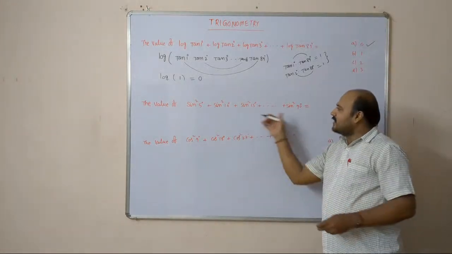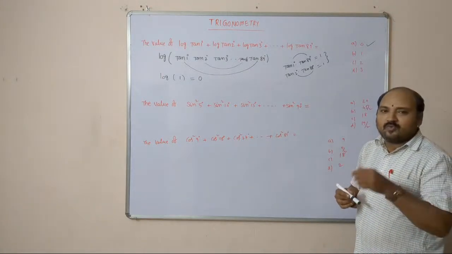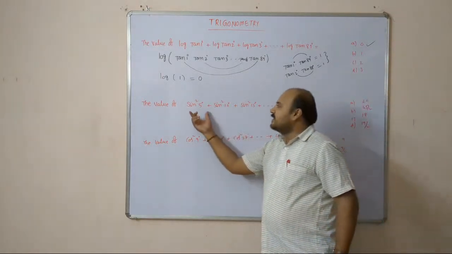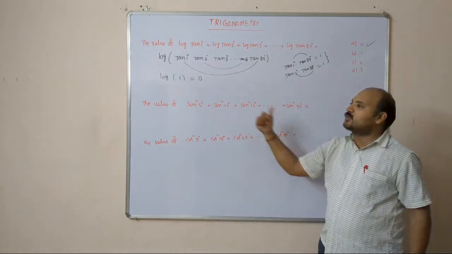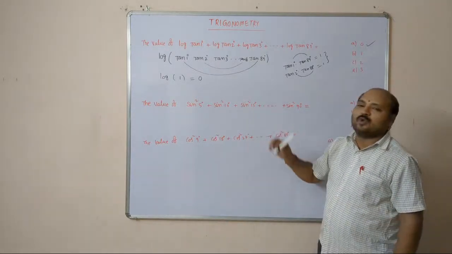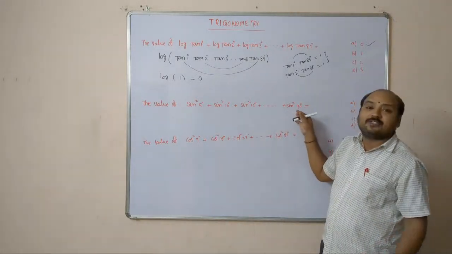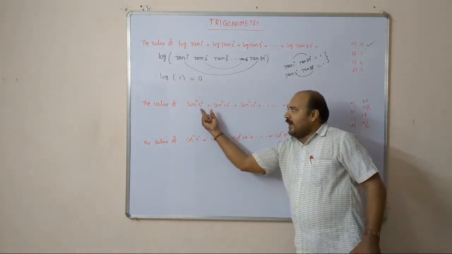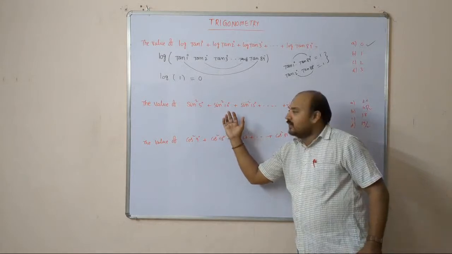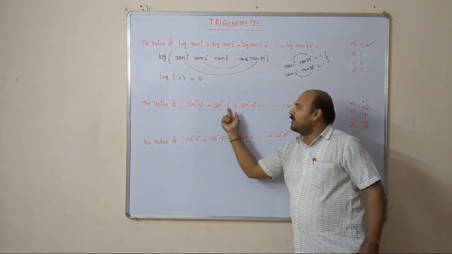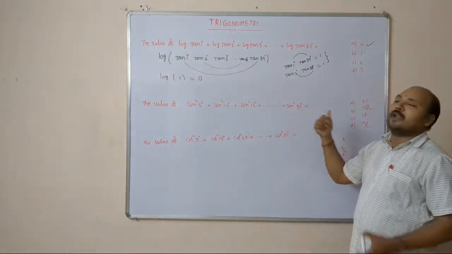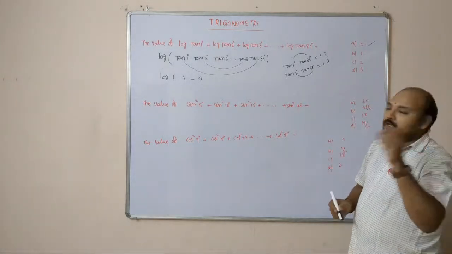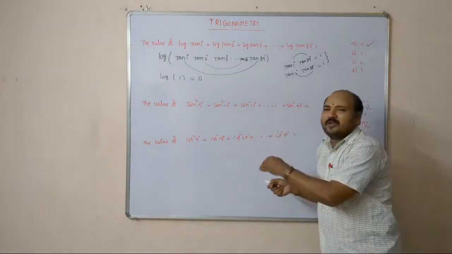To solve these types of questions, sine square 5 degrees, sine square 10 degrees, sine square 15 degrees, plus and so on, sine square 90 degrees. By observing the angles, the difference is 5 degrees: 5, 10, 15 and so on to 90. If you do the regular method, it will take time.